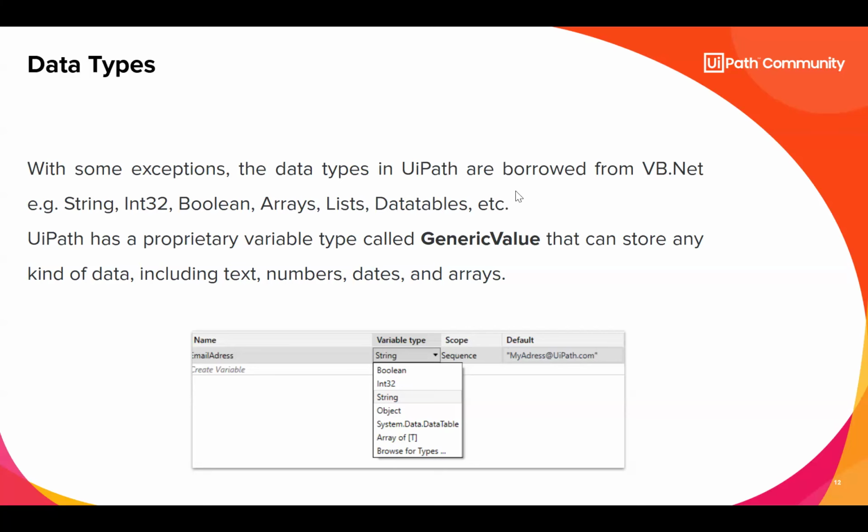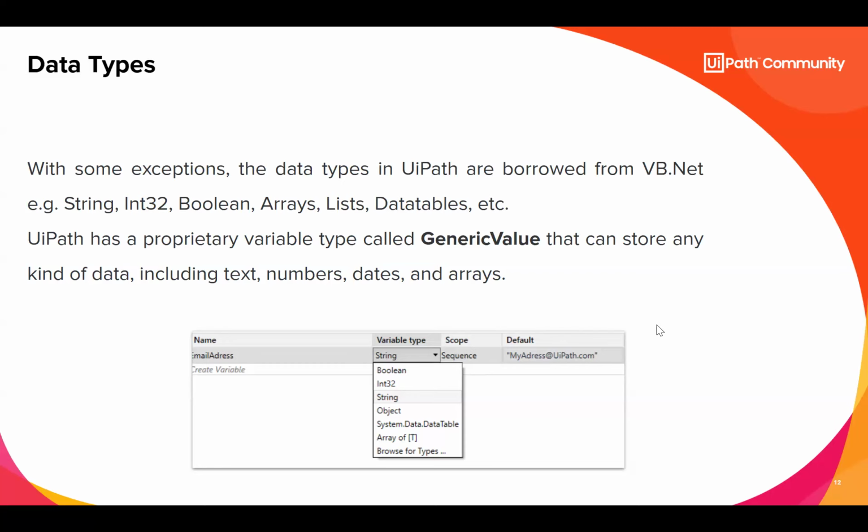Okay, so in UiPath, there are some exceptions, all right? So the data types in UiPath, some of them are borrowed from VB.NET. Okay, the string variable, the Int32 variable, the Boolean, the arrays, the list, and data tables.